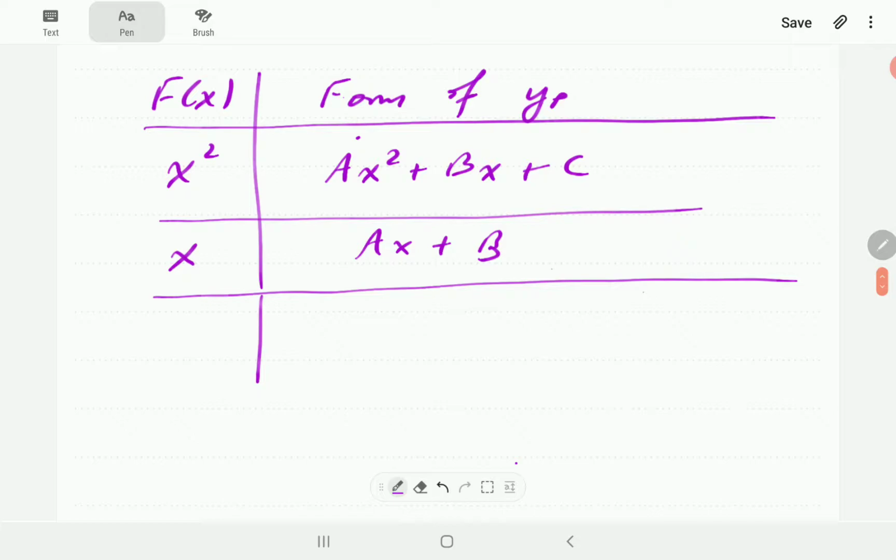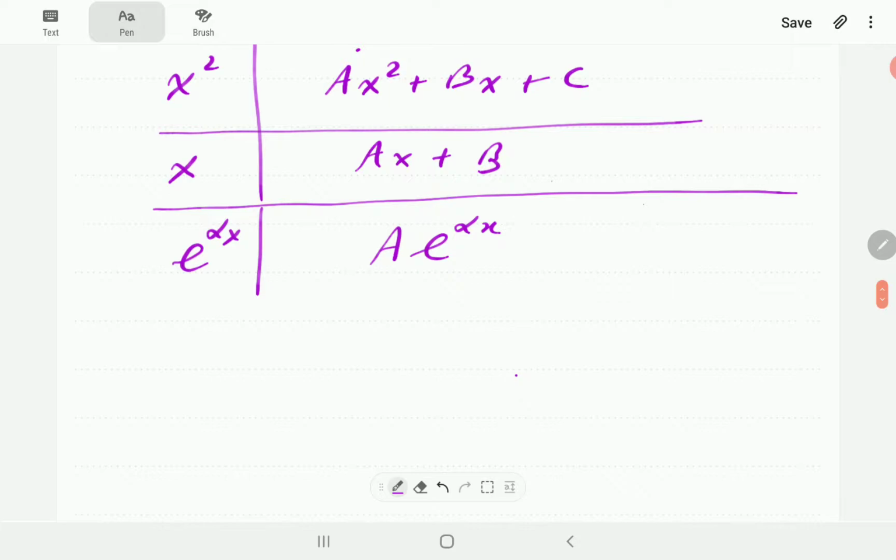Okay, now if f is some exponential function e to the alpha x, then we let our yp be ae to the alpha x, where this a is determined by plugging into the ODE.